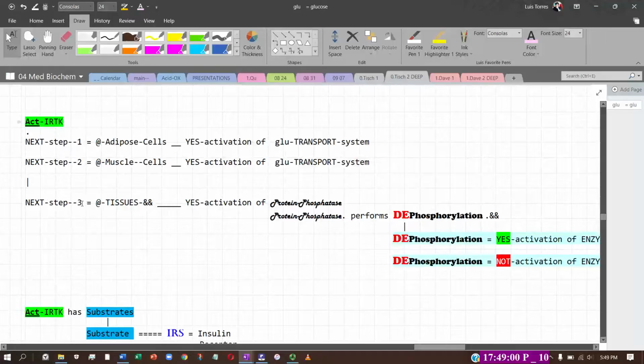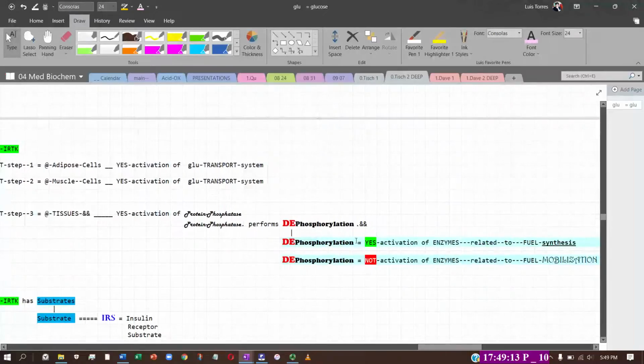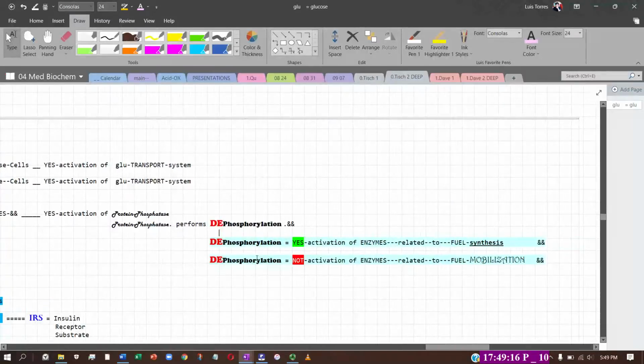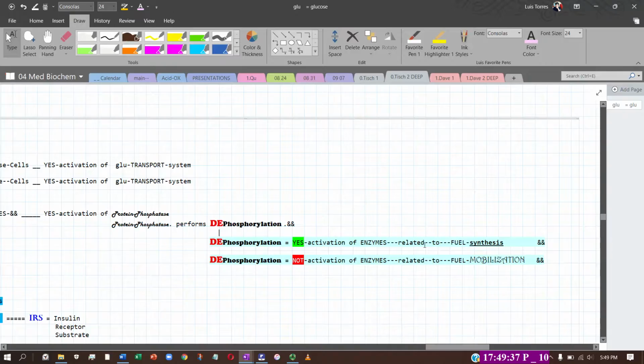So after that, the next step is that at a variety of tissues, you have the activation of protein phosphatase, and protein phosphatase performs dephosphorylation. The dephosphorylation means that there is activation of enzymes which are related to fuel synthesis, and also the inactivation of enzymes related to fuel mobilization. So that makes sense.